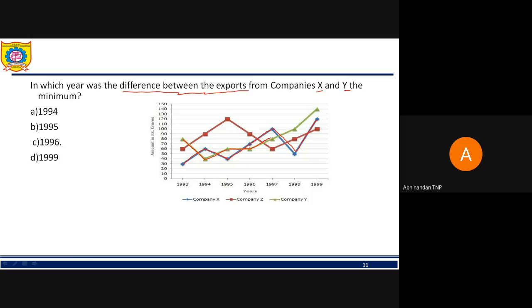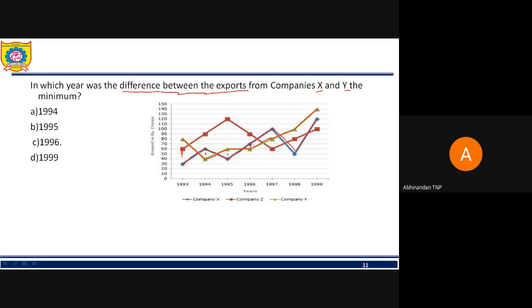So which year we have the minimum difference is asked. You have to find out the difference. So here we have the difference, here we have the difference, here we have the difference. Minimum difference it is asked.